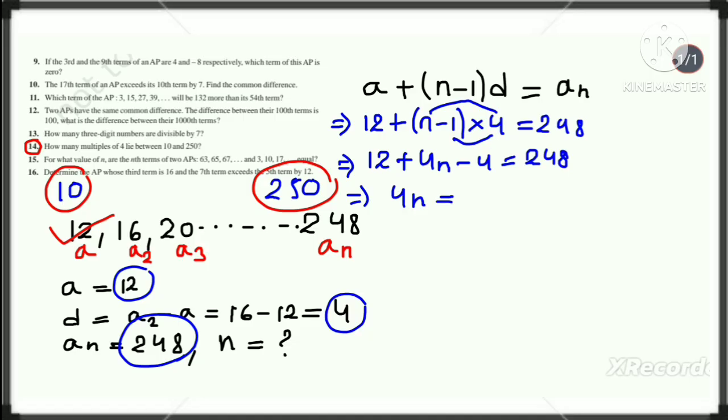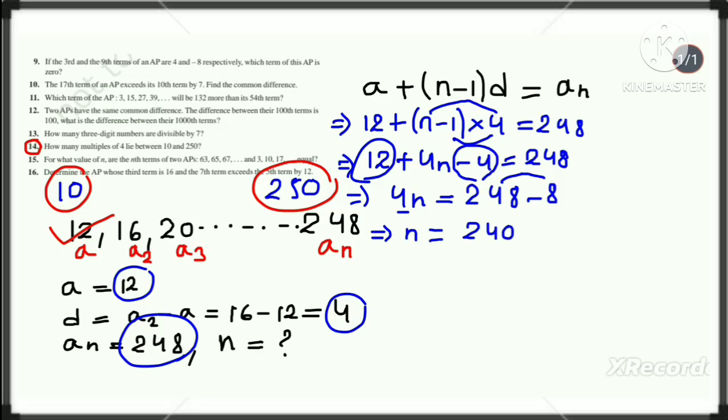Again 4n equals 248, and here this plus 12 and minus 4, after subtracting we obtain plus 8, and this plus 8 goes to the RHS and becomes minus 8. Now n equals, firstly 248 minus 8, we obtain 240, and this 4 goes to the RHS over here by 4.